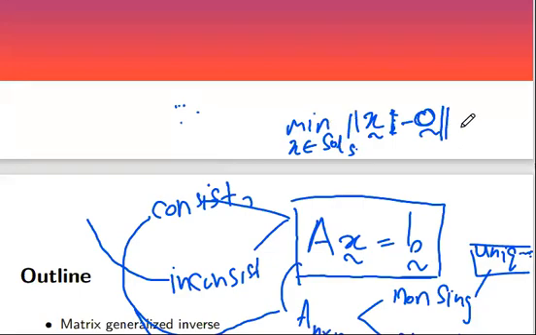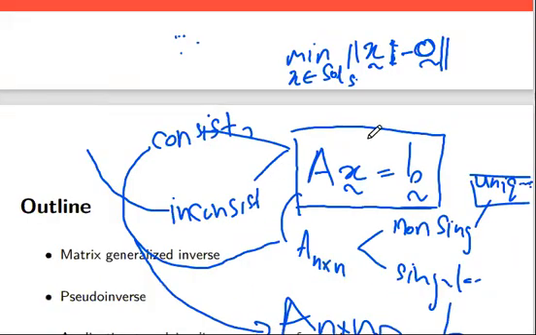And the other case, I will discuss this one as well.